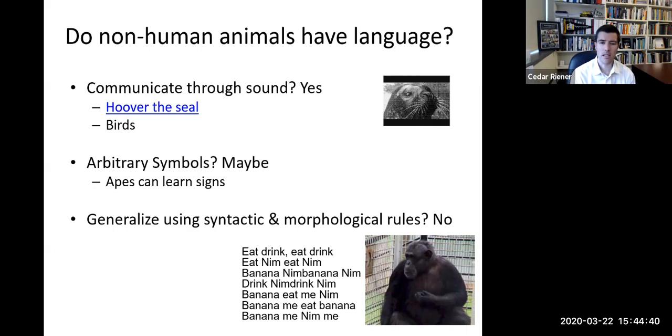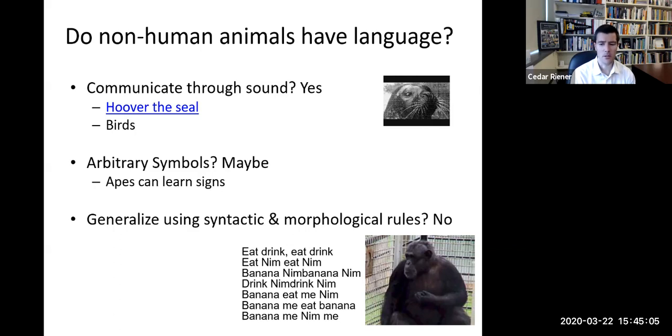I have a link for Hoover the seal up there, and this is an interesting story. Hoover the seal was a baby seal who was, I believe, abandoned by his mother, or he was stranded on a beach in Maine, and a Maine lobsterman found the baby seal and nursed him back to health in his bathtub.